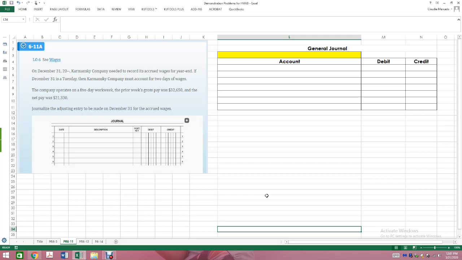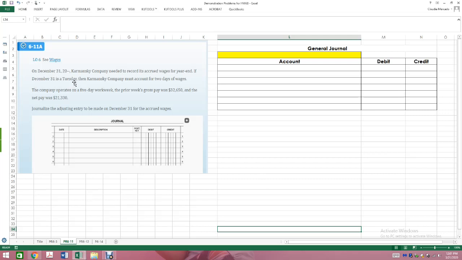Okay. So we are being asked to journalize the adjusting entry to be made December the 31st for the accrued wages. Now, what does all of this mean? Okay, what happens is at the end of the year, you have to record all of your expenses up to that last day of the year. Okay? In this case, the end of the year, December the 31st, fell on a Tuesday.